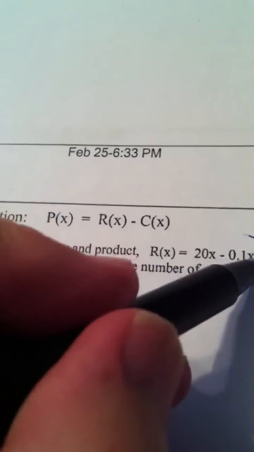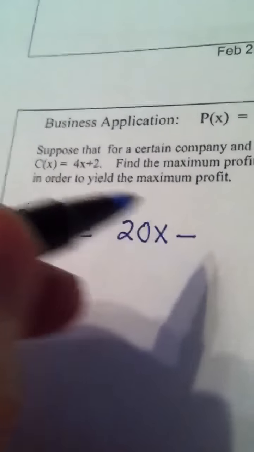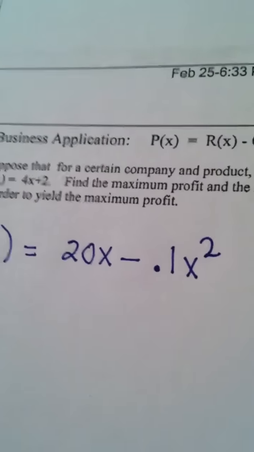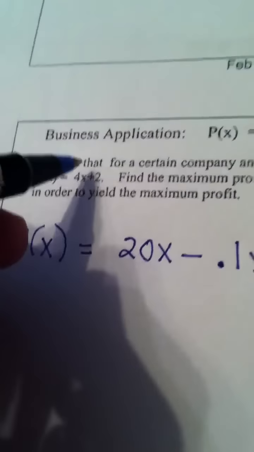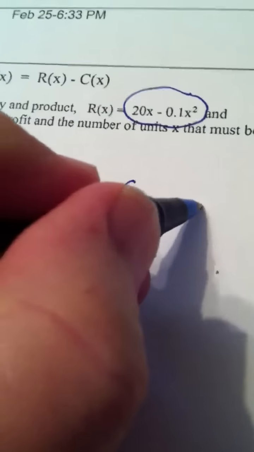And the way we do that is we start with the revenue function, which is 20x minus 0.1x squared. That's my revenue, minus, and then we subtract the cost function. The cost function is 4x plus 2.